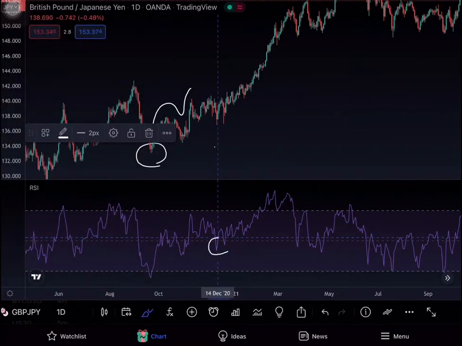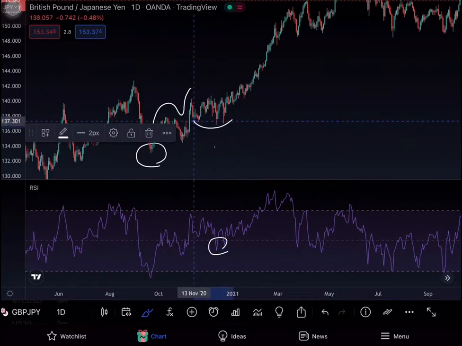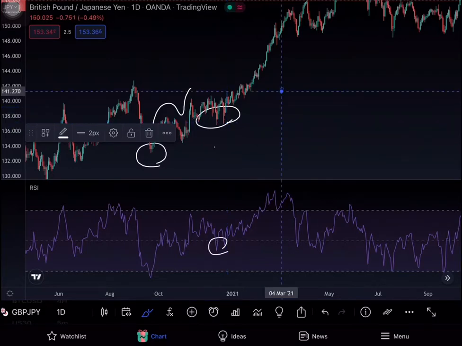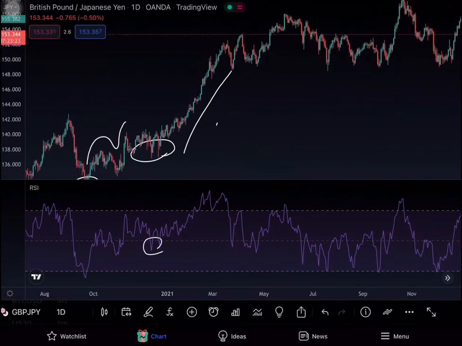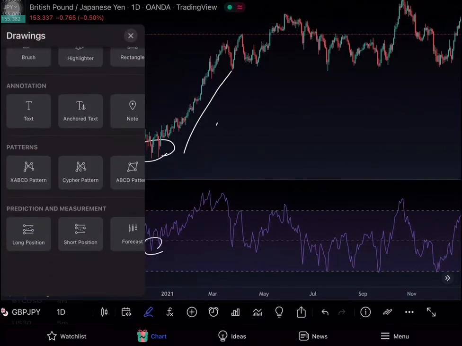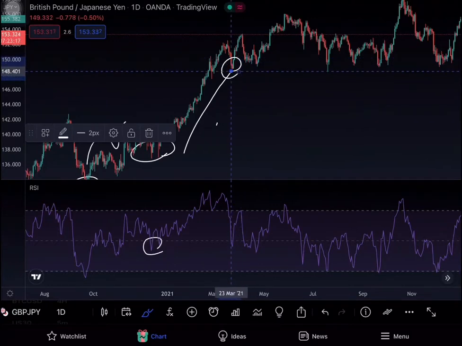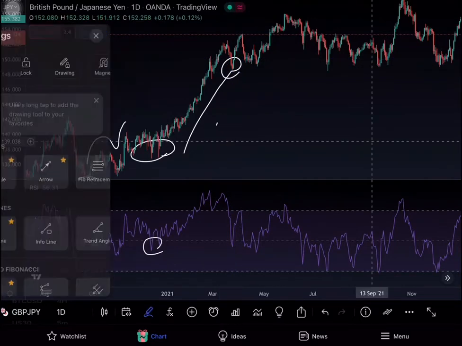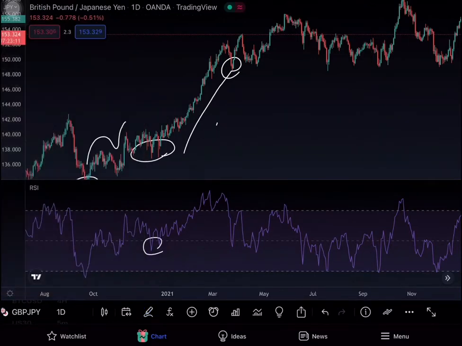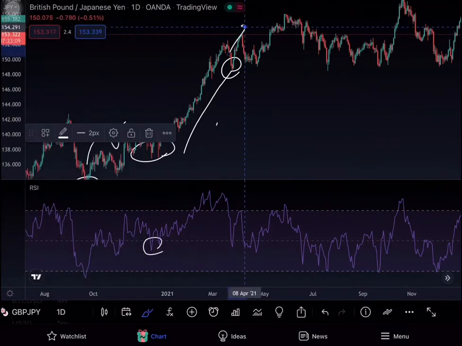In here, as you see, and in here price had a retest to the 50 line. And after that, of course, price had another wave, and in here, even in here, price had another touch of the 50 line, and after that, boom, price goes again.